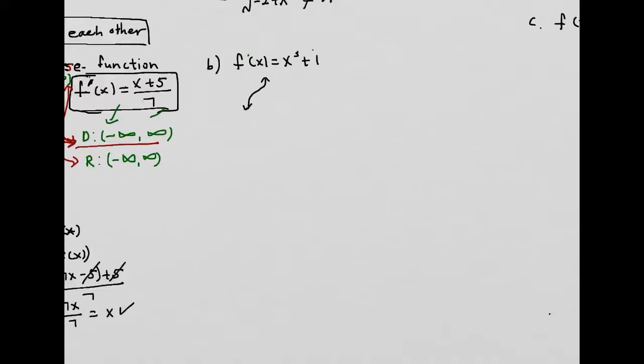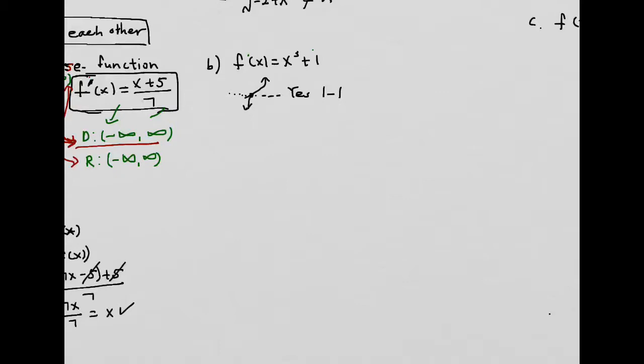If we draw a horizontal line anywhere, it will only meet once, so we know it is one-to-one. So this function f of x equals x cubed plus 1 will have an inverse function.